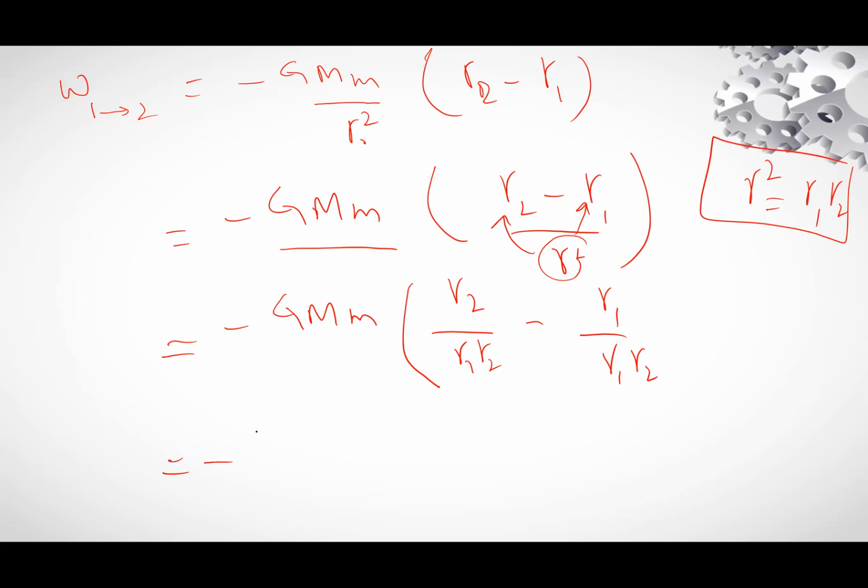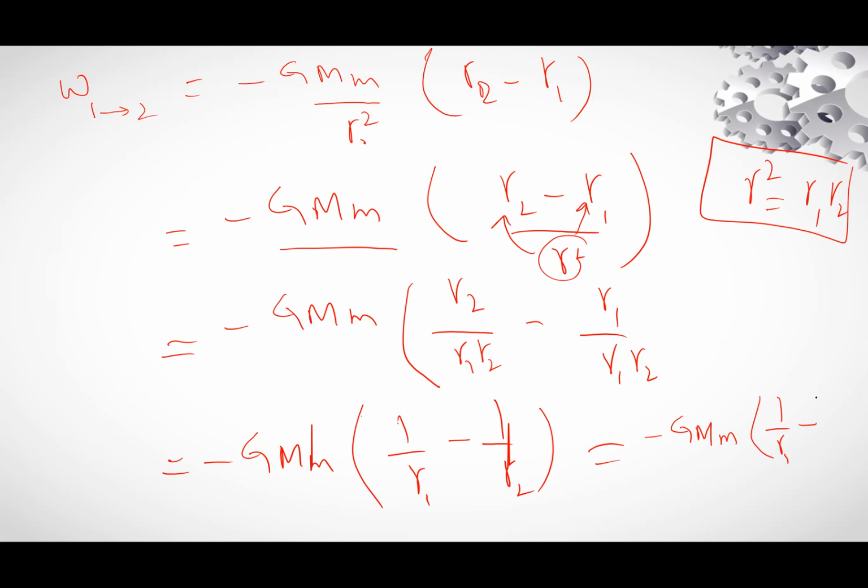So write minus G capital M small m, 1 divided by r1 minus 1 divided by r2.